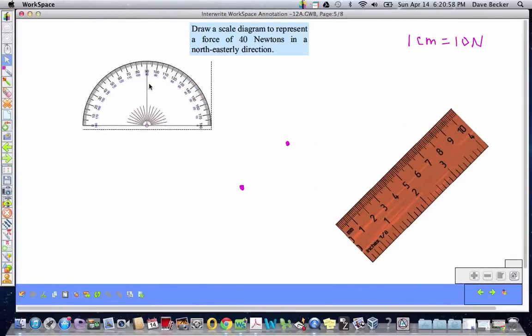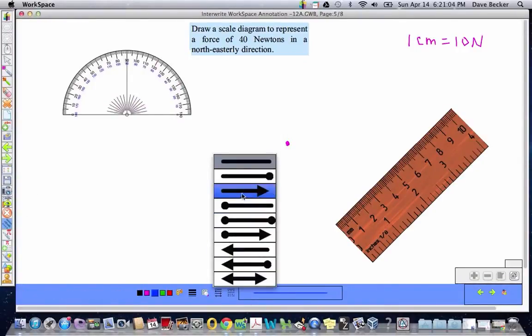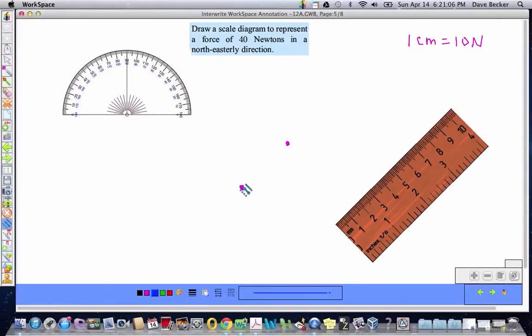And let's see, and I'll just draw my vector. Let me get my arrow tool here. Blue looks good. I'll start here and go here. And that is a vector of 40 newtons in a northeasterly direction.